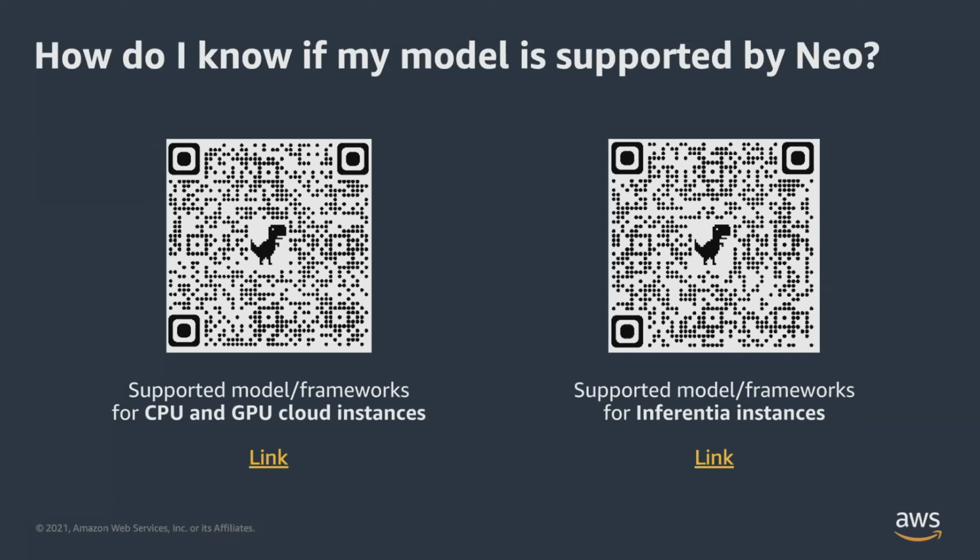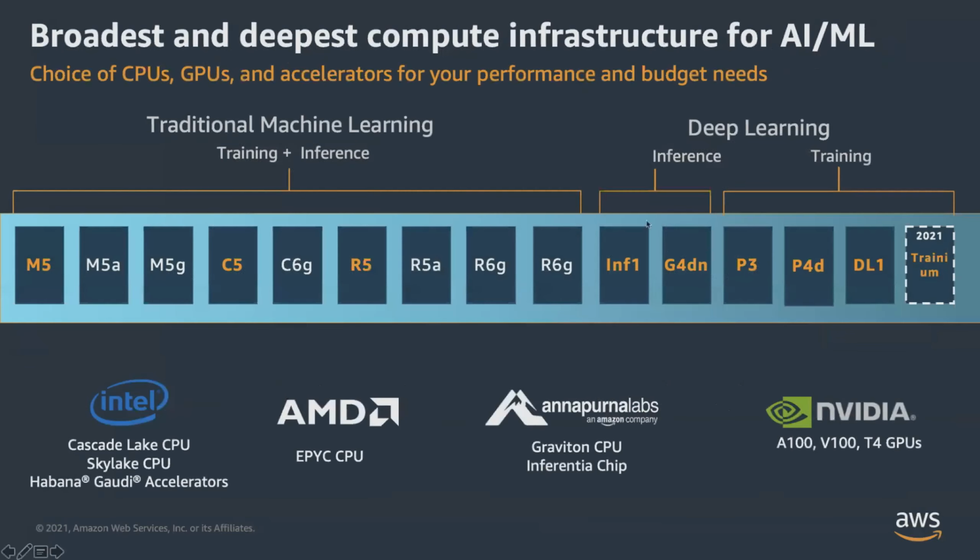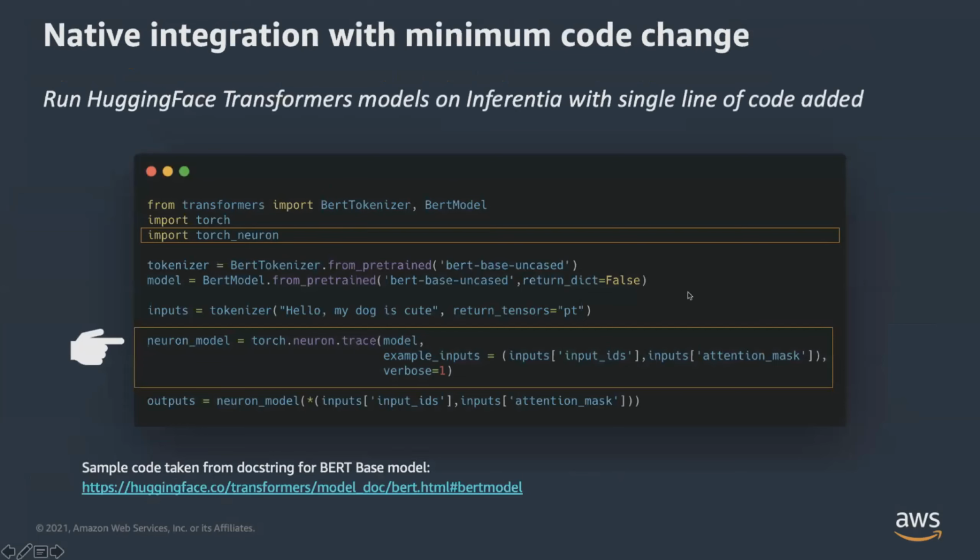Okay, so that would be the first one, how to work with Neo. After you get the compiled model, if you want to work with elastic instances, you can just keep the same code as you had. And if you want to work with Inferentia, which are the instances that we optimize for the inference use case, then you will need an SDK called AWS Neuron.